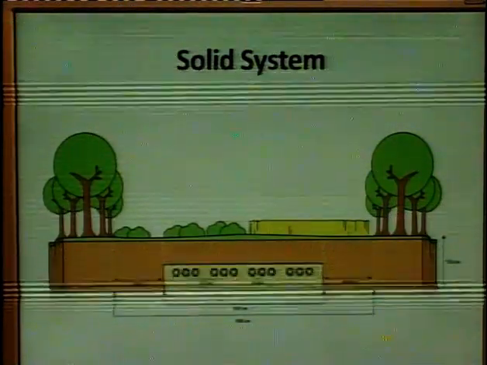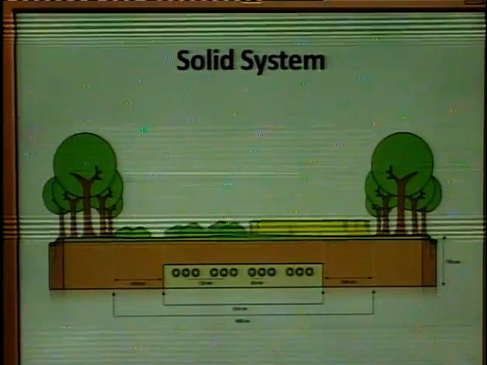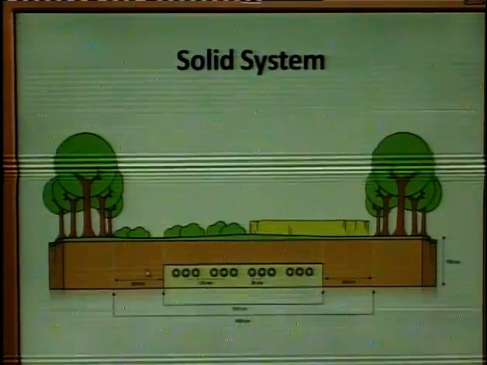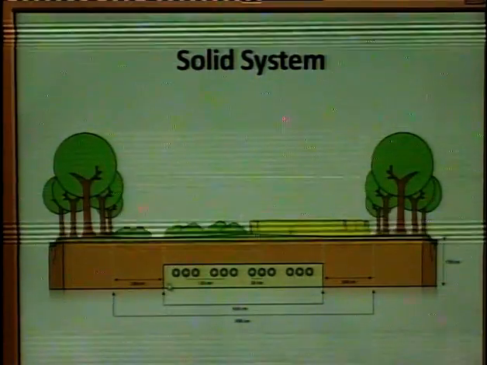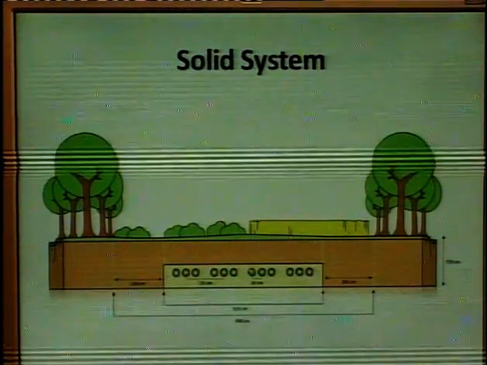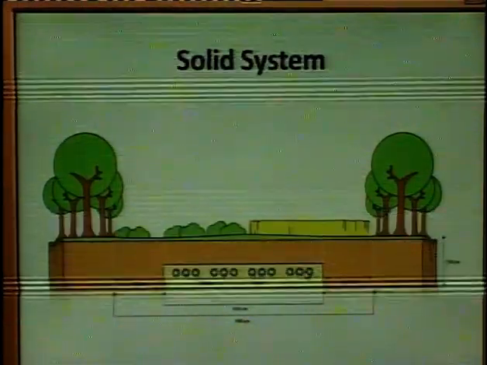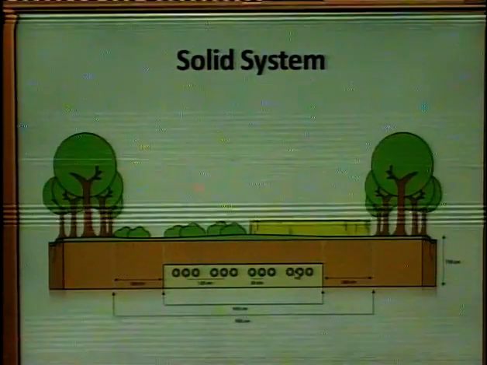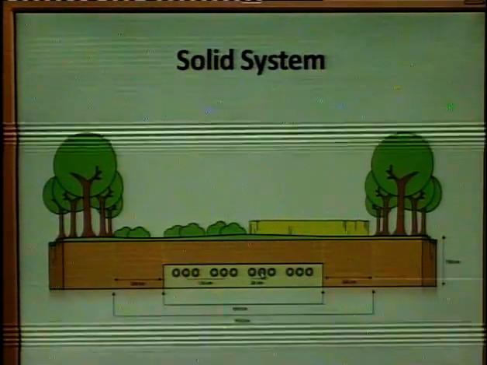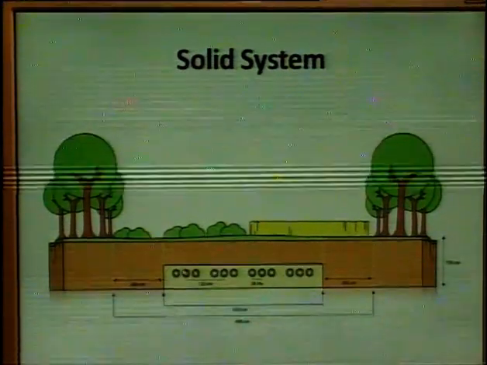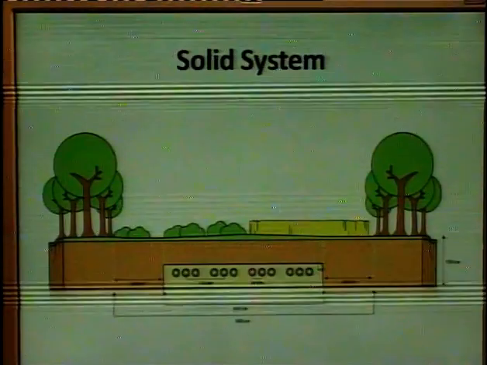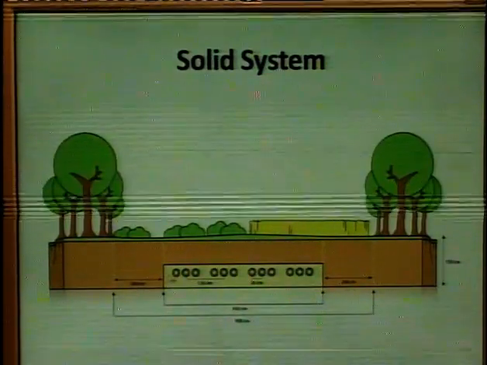So as we can see, this is the solid system in which the cables are laid into the trenches, which have some pipes, and the cables are put in these pipes, and then these pipes are filled with concrete or some bituminous material.